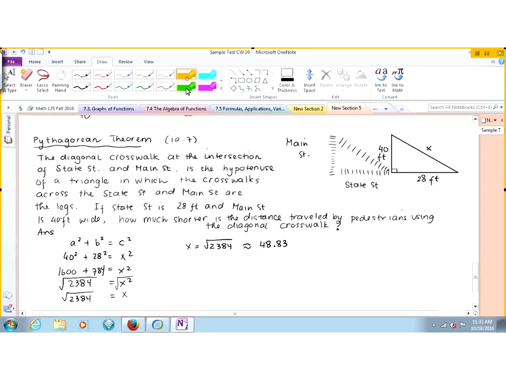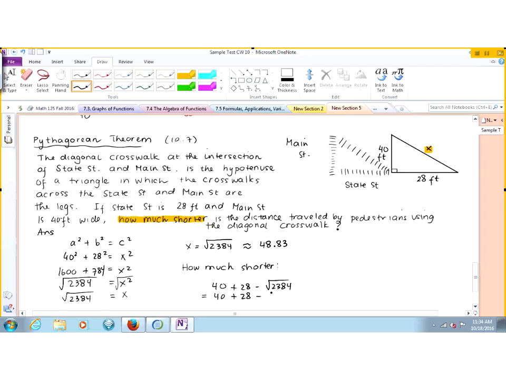Okay. Alright. Now the question is how much shorter? I know the distance there is 48.83, but how much shorter? Yes, subtract. So how much shorter? How do you answer that? So it is 40 plus 28 minus square root of 2384, right?